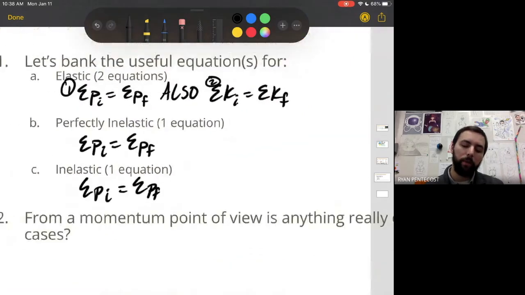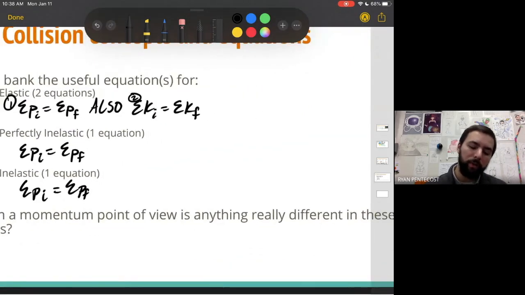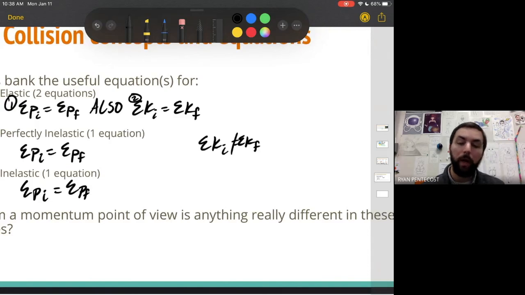Now, I also want to note that the conservation of kinetic energy is not the conservation of energy, right? Just because the summation of kinetic energies are equal, or sometimes those are not equal, right? For the case of inelastic or perfectly inelastic collisions, that doesn't necessarily mean that energy is not conserved, okay?